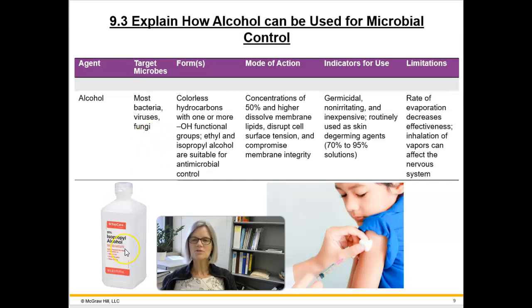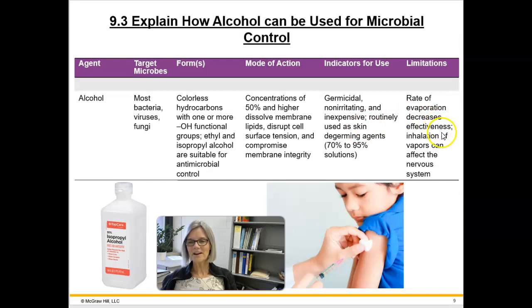The common one we use in microbial control is isopropyl alcohol, although methanol and ethanol work quite well too. Here we have the concentrations. It's germicidal, it's non-irritating, it's inexpensive, and it works great on skin.